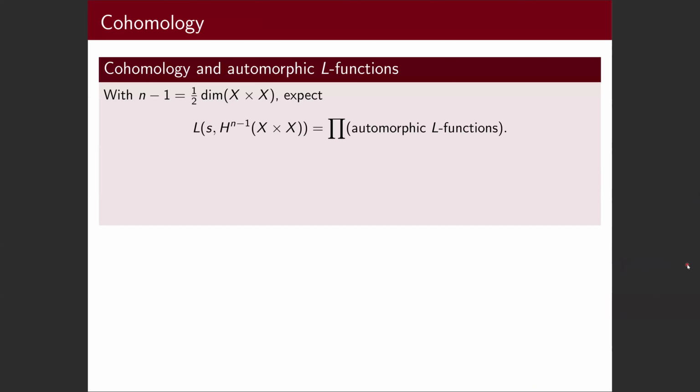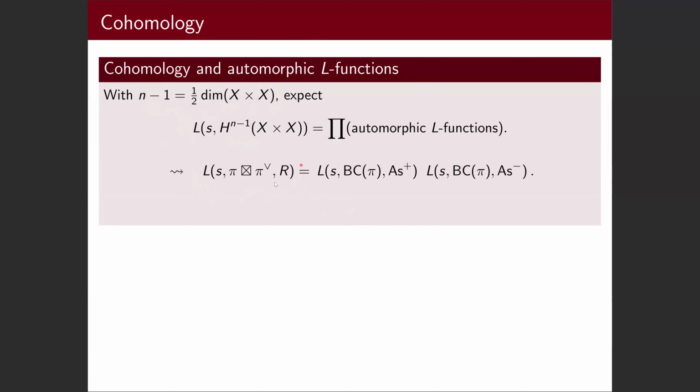If I look at middle degree cohomology of this X times X, the middle dimension here is n-1. It's a general expectation that the L-function of the cohomology of the Shimura variety should be describable in terms of automorphic L-functions, and there's supposed to be a piece corresponding to pi times pi dual, explained by a recipe of Langlands.